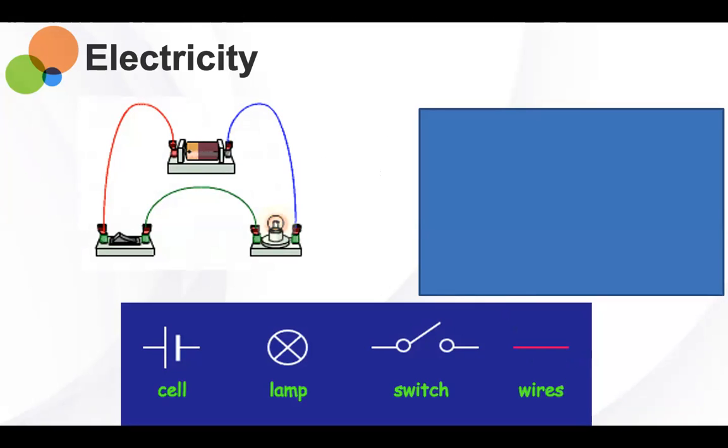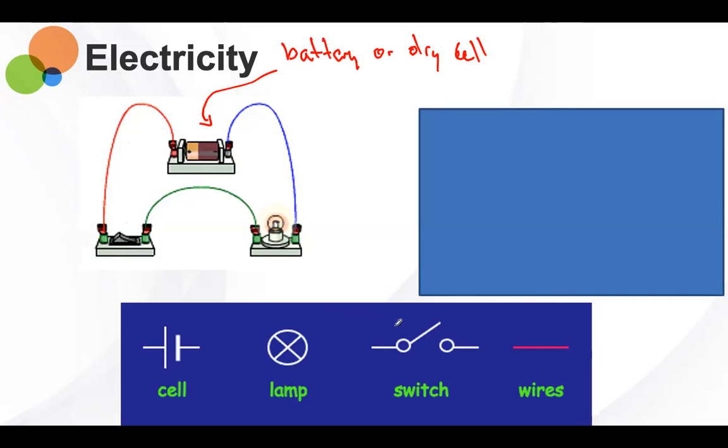All right, so we can move on now to the circuit. We can start looking at circuits. So let's bring this up again. We have a battery here, or as I said, battery or dry cell, and it goes towards the switch.